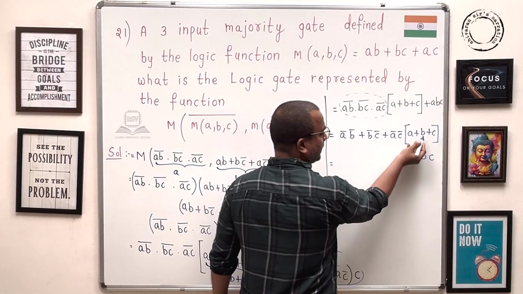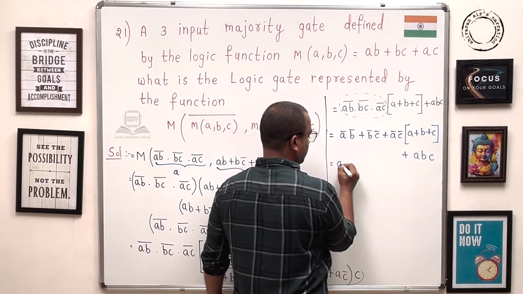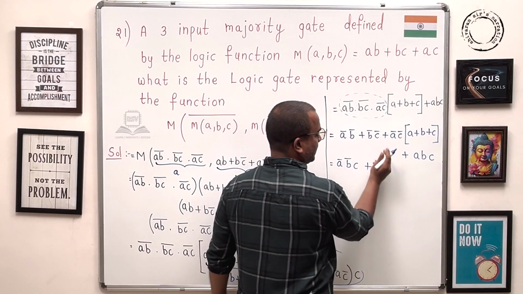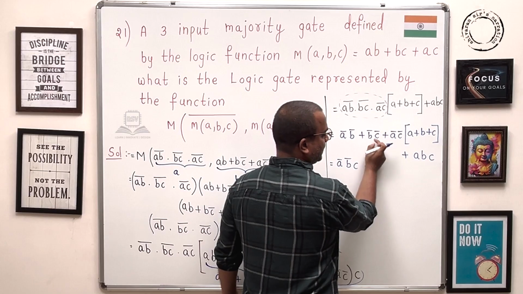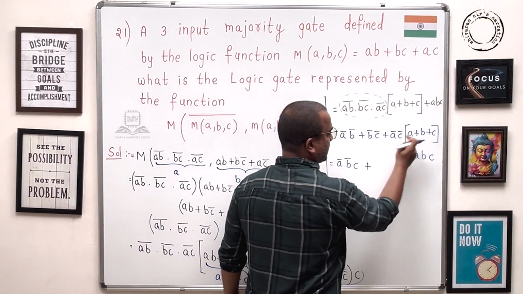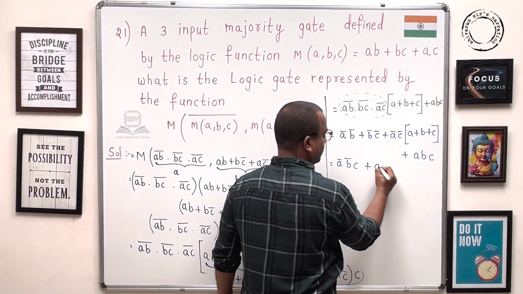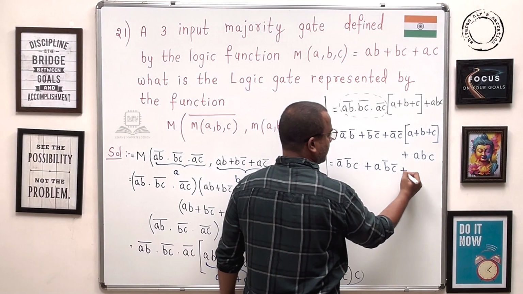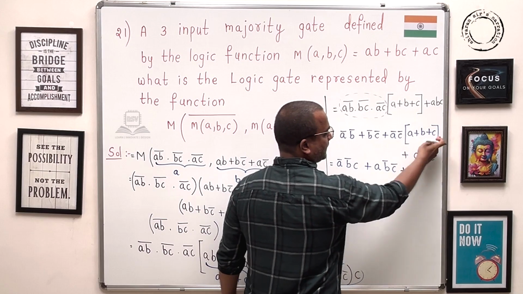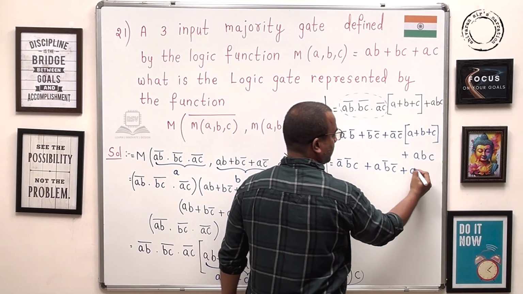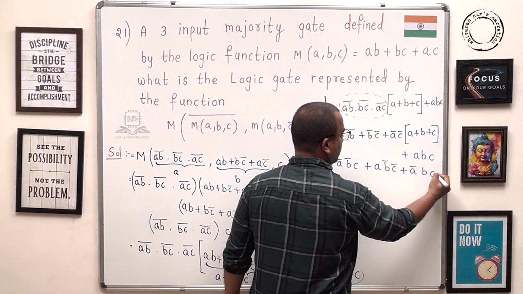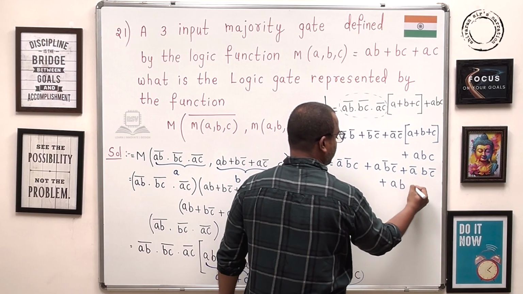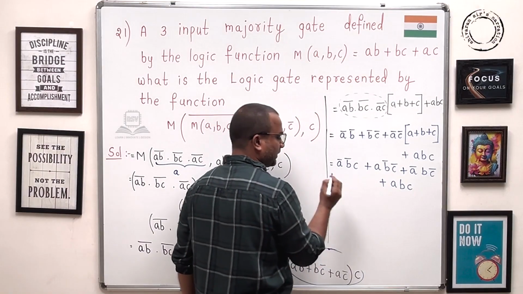Again A bar B bar into B, 0. Therefore it is A bar B bar C plus, again the second term, here BC are there, BC gets cancelled, so that you get A B bar C bar. Similarly this one, AC terms are there, then it is A bar B C bar plus ABC. Finally, this is the term.